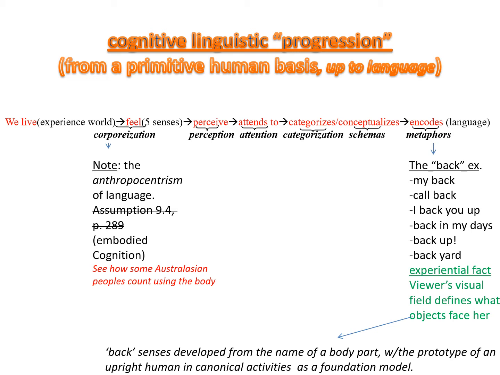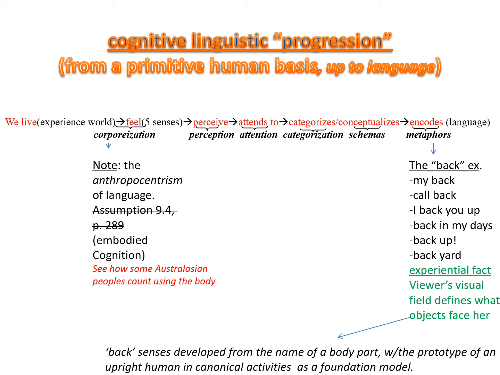We believe that in the same way that our bodies have a back, then we extend that to maybe believing that houses also have backs, schools have backs, places have backs, which is the posterior part of that entity.